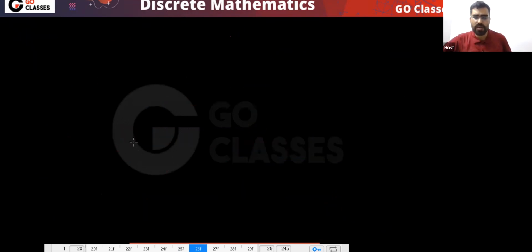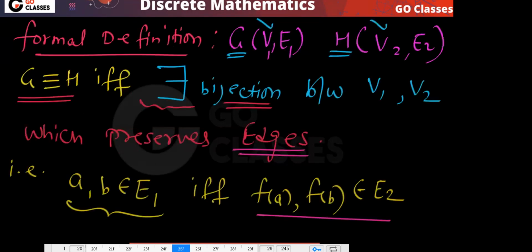So they should preserve edges. The definition of isomorphism, is it clear to everyone? Please tell me, is the definition clear? Because in the GATE exam, they can ask you the definition also. There is a very, very nice question in the NET exam. In that question, they are asking the definition of graph isomorphism. And what variation will they do in that definition?